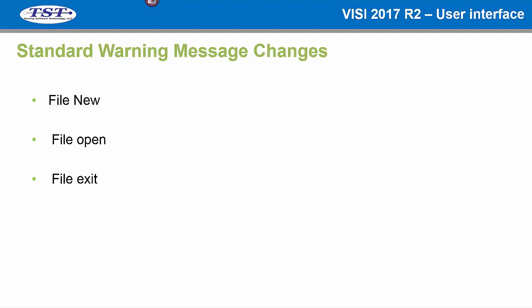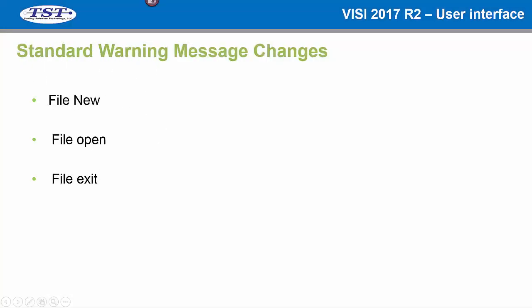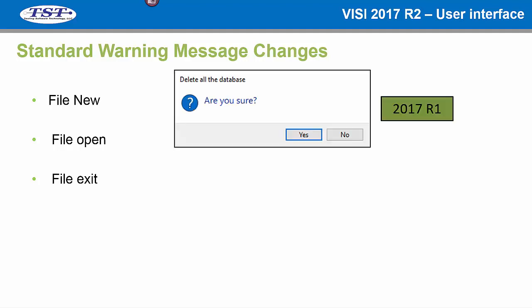Let's move on to the standard warning messages. These are going to be a big thing that we've got to make sure we understand. When we're doing a file new, file open, or file exit, we want to make sure that we understand what we're doing here. Previously, it was a delete all database. Are you sure?